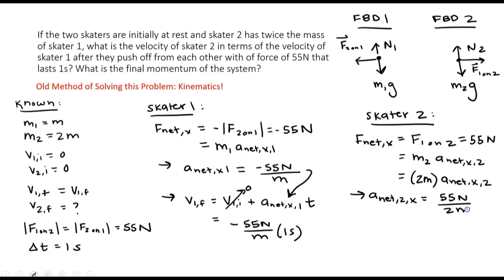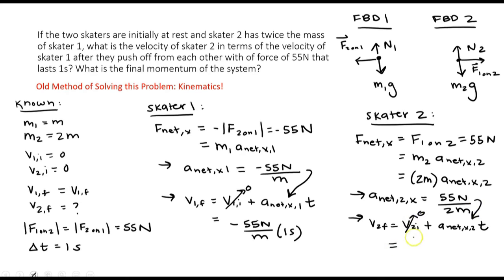divided by 2m. Now we can solve for the final velocity of skater 2 the same way we did for skater 1. It's going to be V2 final equals V2 initial plus A net x 2 times delta t, the change in time over which the force is acting. In other words, the time over which the acceleration is happening. I can plug in my acceleration and use the fact that the initial velocity is 0.